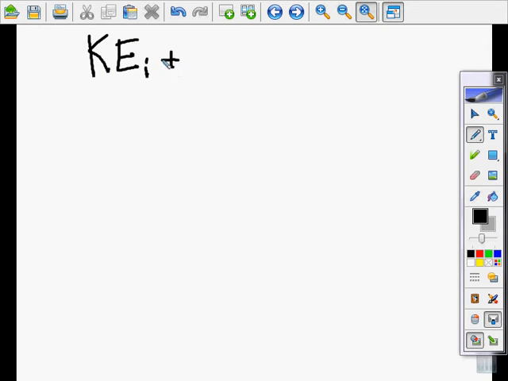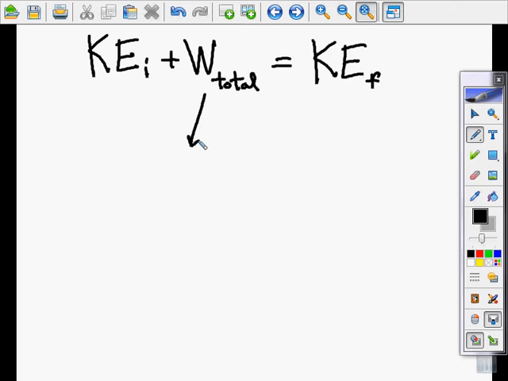So this is where we're going. Initial kinetic energy plus the total work done equals the final kinetic energy. But this total work is going to be broken into two subcategories: work done by conservative forces and work done by non-conservative forces. So it's going to have a new look.